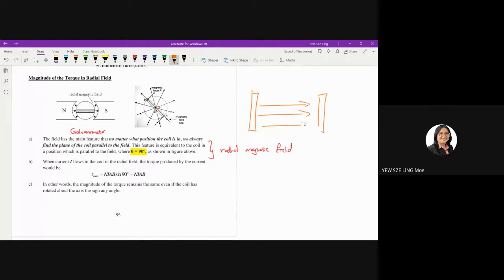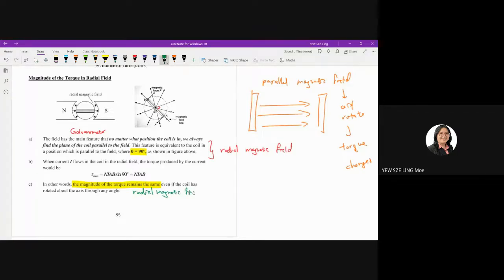When the coil rotates, the torque changes. But if you have a radial magnetic field, the magnitude of the torque remains the same, even if it is rotated. So this is just for the radial magnetic field.